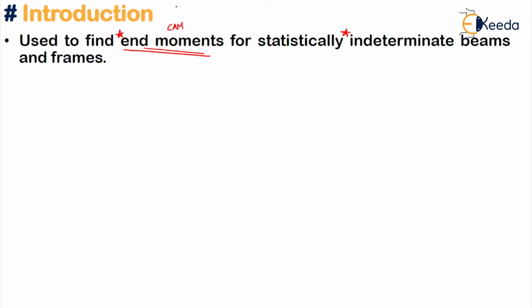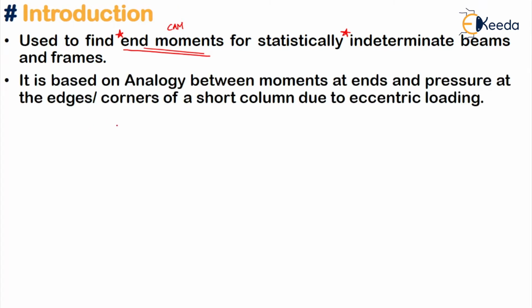It is based on the analogy. Analogy is nothing but comparison. So it is based on the comparison between your moments at the ends and pressure at the edges or corners of a short column due to eccentric loading.